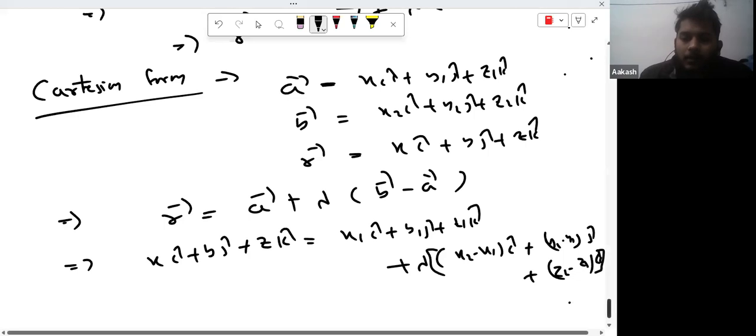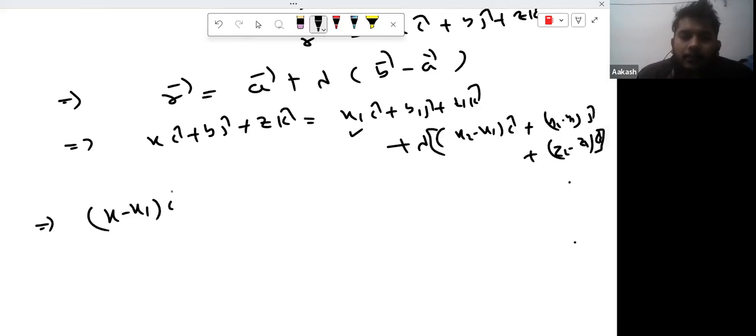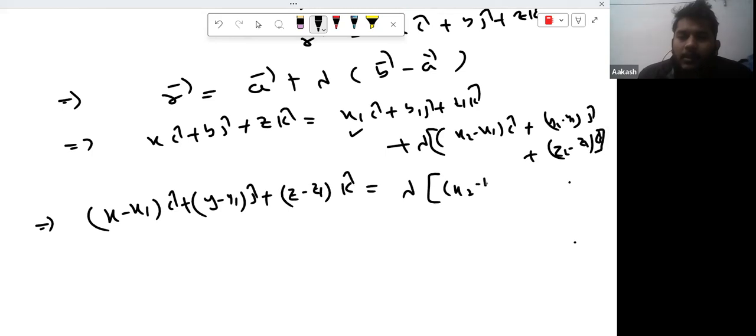Again, let's bring this A vector to this side. So we'll have (x minus x1) i cap plus (y minus y1) j cap plus (z minus z1) k cap equals lambda times (x2 minus x1) i cap plus (y2 minus y1) j cap plus (z2 minus z1) k cap.